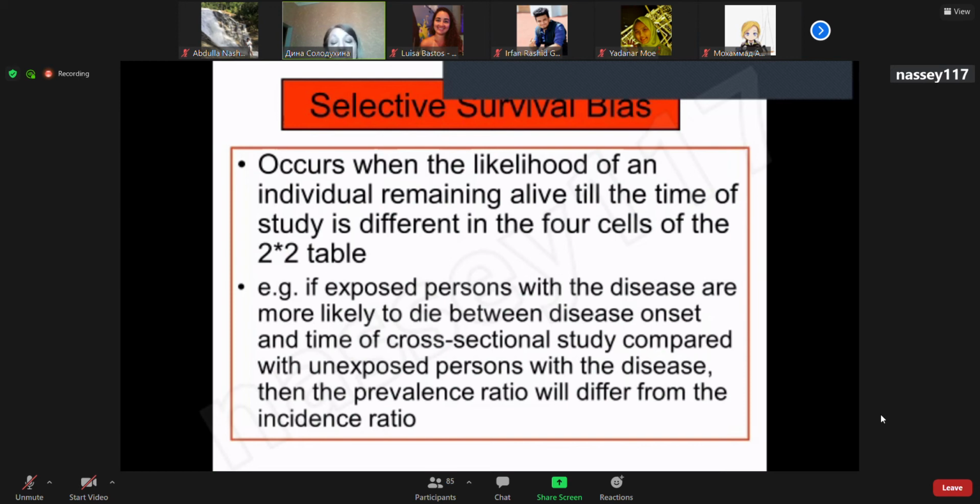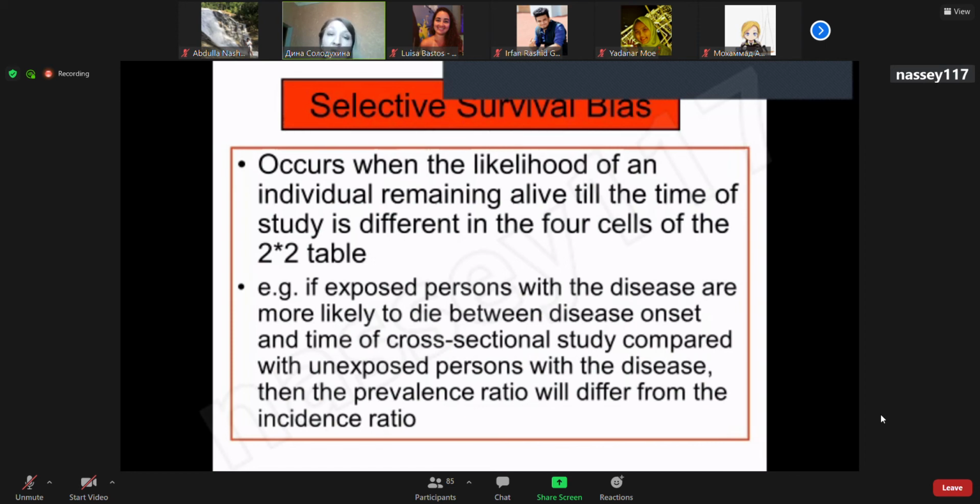So this is usually happening when we construct a 2-by-2 table, and we estimate each cell for the table, measuring risk of death for patients exposed and non-exposed.